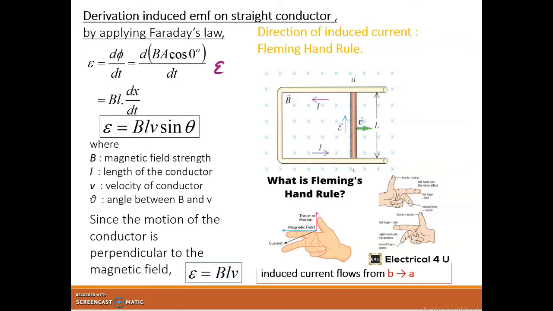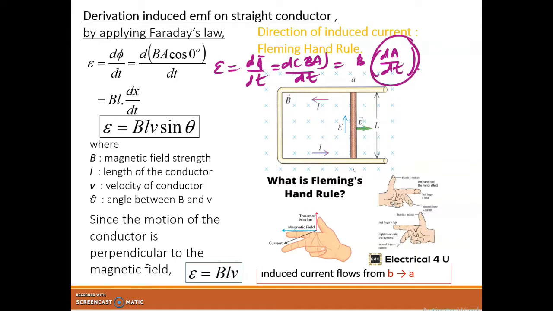So we have E equal to d(BA) over dt. Here B is constant, so we have B dA over dt. And dA over dt is the same as L dx over dt. The displacement is changing with time, so we have EMF equal to B L, and dx over dt is our velocity.